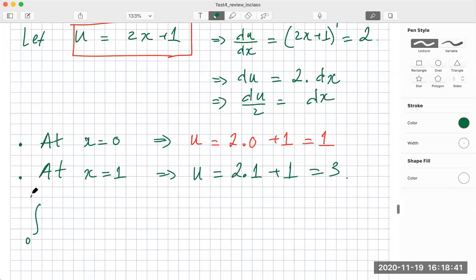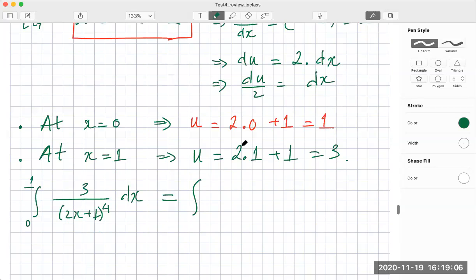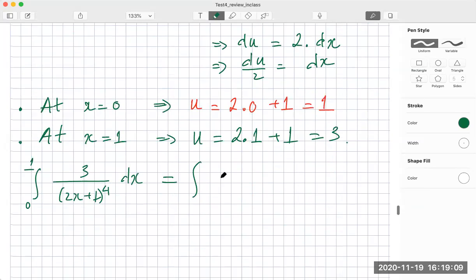Integral from 0 to 1 of 3 over (2x plus 1) to the 4th dx. We want to write everything in terms of u. You cannot mix x and u.